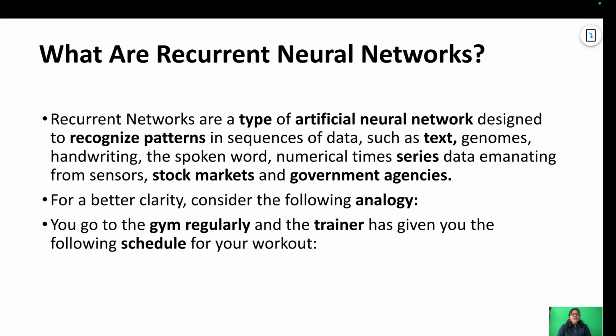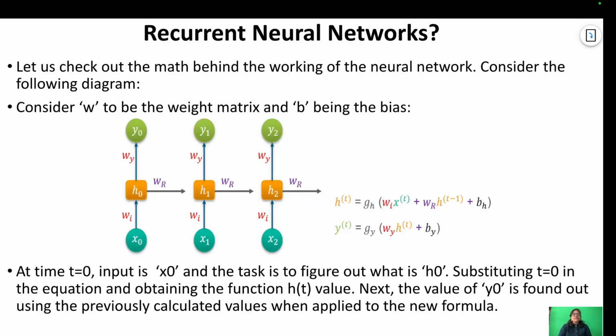For better clarity, there are different examples we can consider for the recurrent neural network. Now this is the architecture. Here in the recurrent neural network, the input is given along with some weight, we perform the weighted multiplication x0 multiplied by w0, and it generates h0.